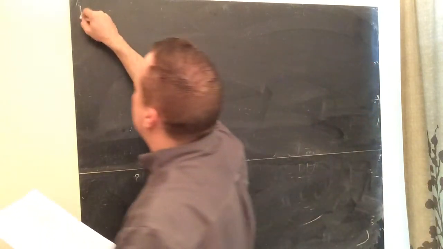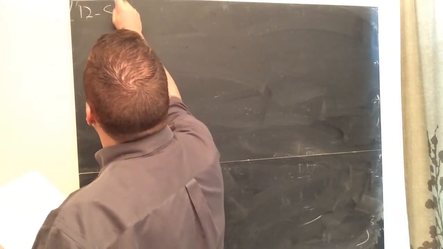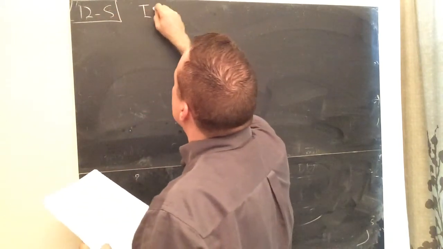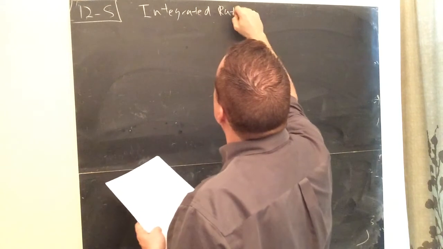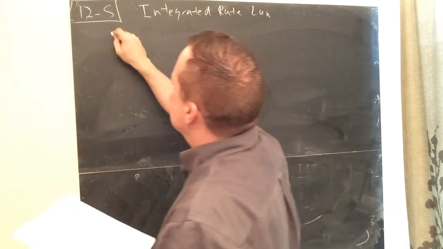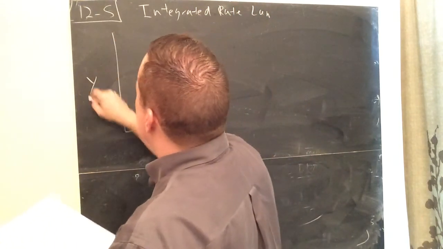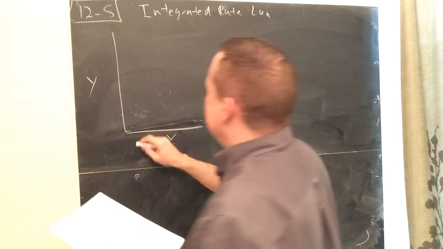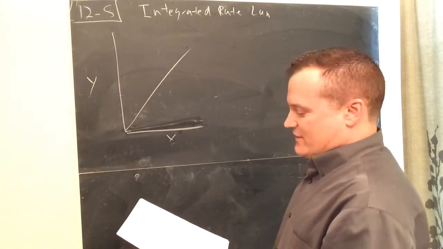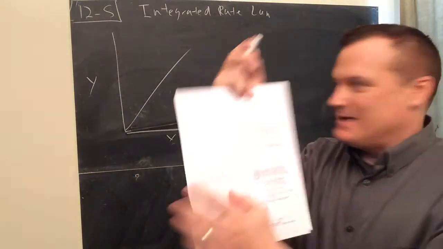Here's how I started off with this. You should be familiar with these graphs. For the integrated rate law, if you graph a line, y versus x, here's a line right there. You could draw that on your paper too.